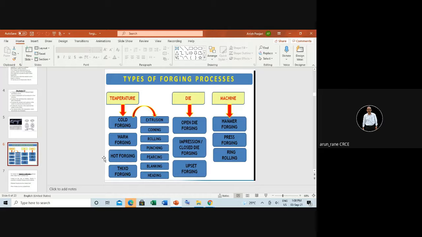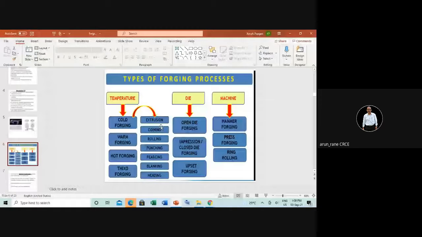What are the different types of forging process? Depending on the temperature, you have cold forging, you have warm forging, you have hot forging, and there is something called thixo forging.